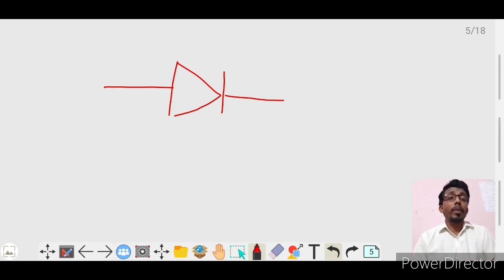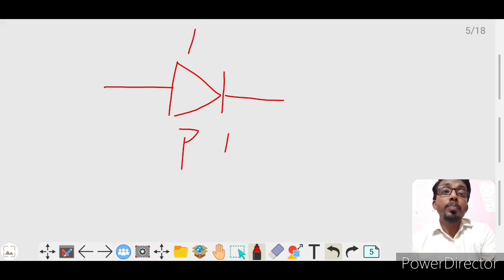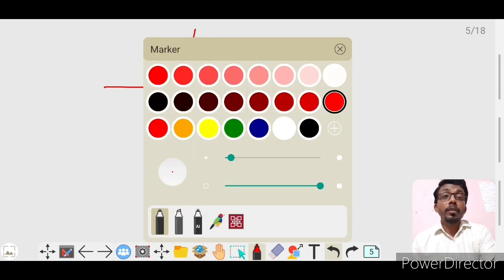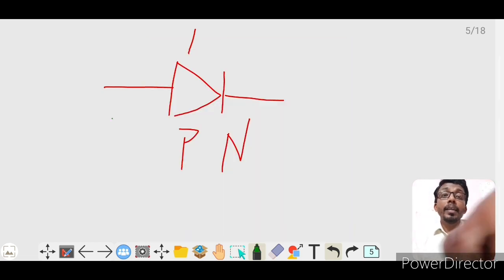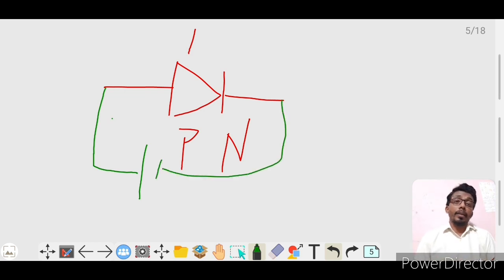What actually do forward bias and reverse bias mean? Suppose this is a diode. Now this part represents P and this part represents N. Forward bias means we are connecting this P type semiconductor to the positive terminal of the battery and the N type semiconductor to the negative terminal of the battery.